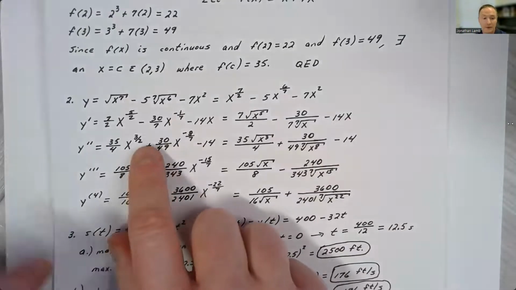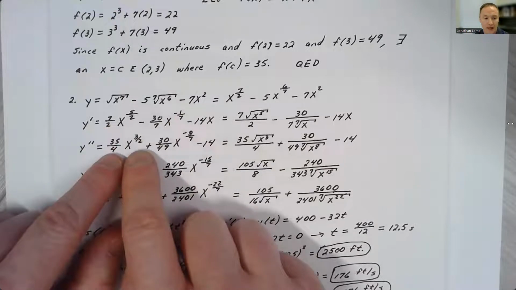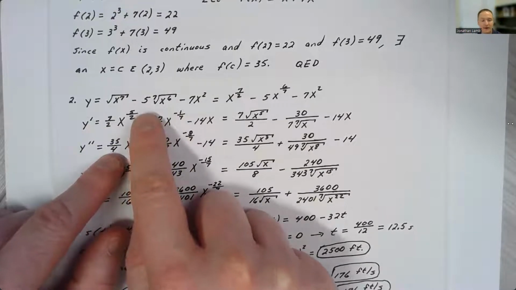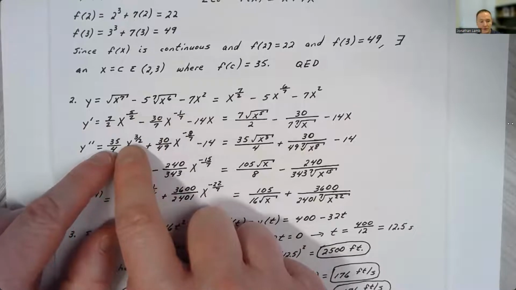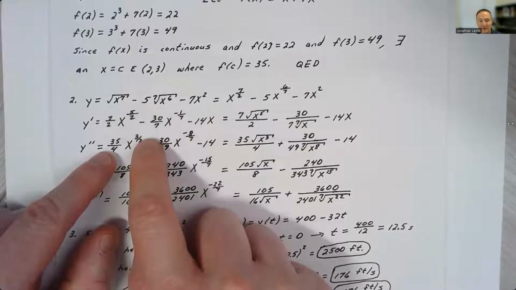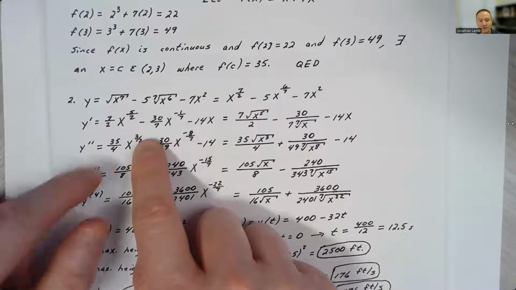For the second derivative, I'd much rather look at the fractional exponents when I use the power rule. So I'll say, okay, the first one, you're going to have 5 over 2 times 7 over 2 for 35 over 4, x to the 5 over 2 minus 1 power. Well, 5 over 2 minus 1 is 3 over 2.